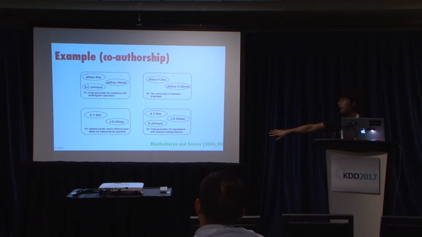For details, I would refer to the Bhattacharya and Getoor paper, which models this as a generative model, like LDA. They propose an LDA model for modeling these kinds of dependencies and doing collective reasoning, giving you the links over the graph.